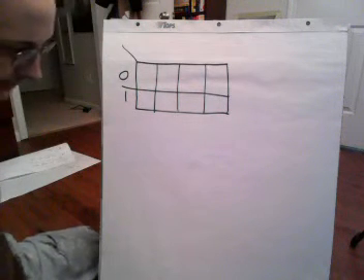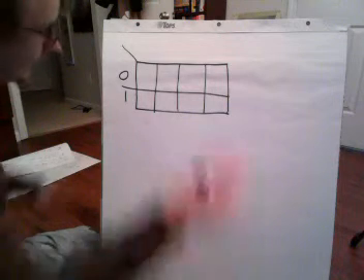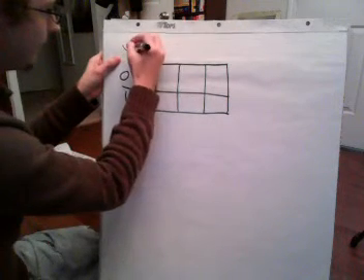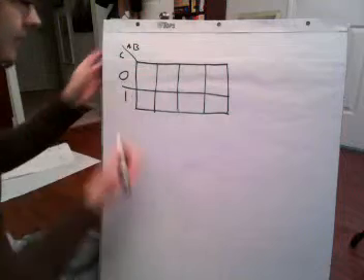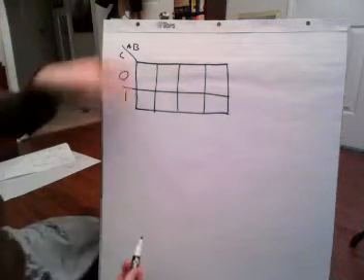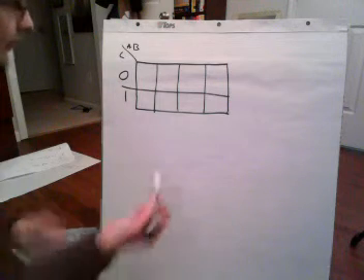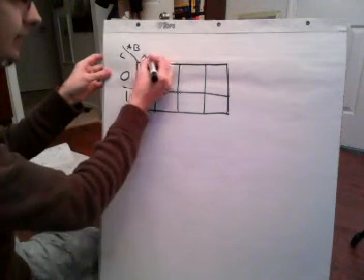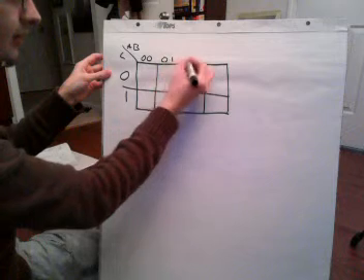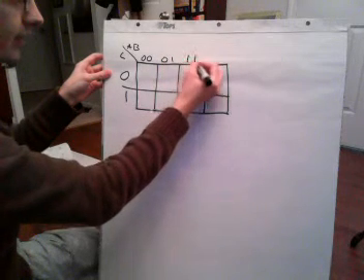So I'm going to make this A, B, and on this side I'll make this C. Again, you can split these up in any way that you want. It doesn't really matter as long as you're consistent. And by consistent, I mean consistent with your numbering values.